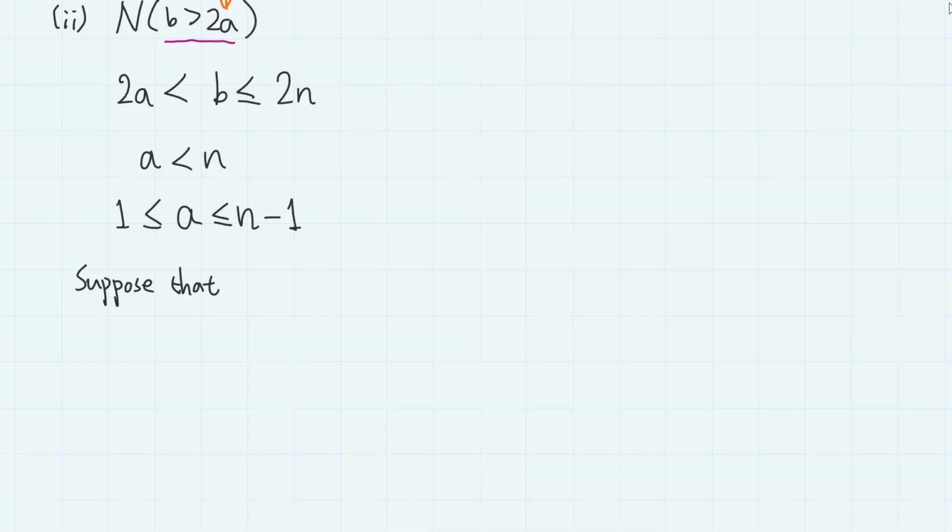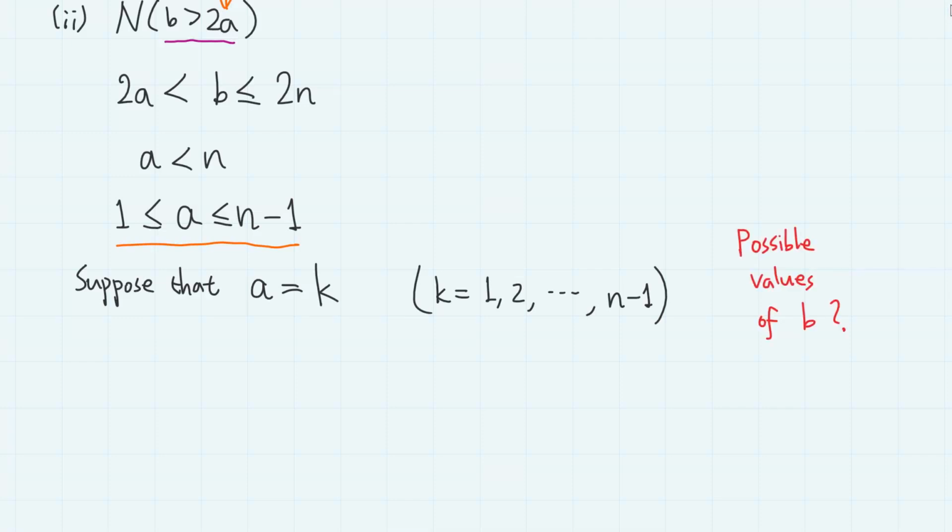Now suppose that A has a specific value within this range. Suppose that A equals k, where k can be a natural number from 1 to n minus 1. Let us think about the possible values of B in this case.